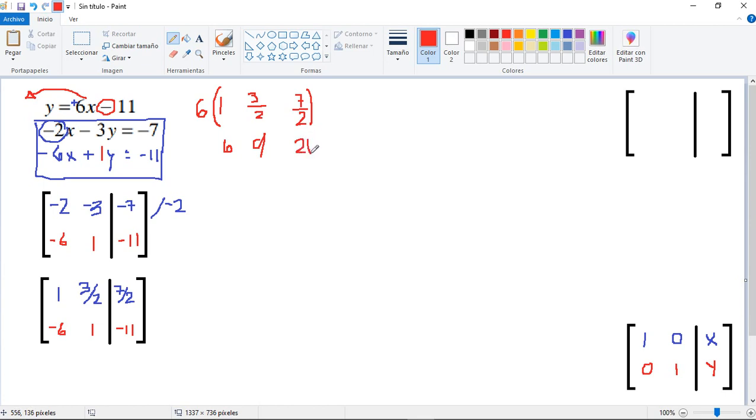Okay? Now, I am going to copy this row. Pay attention to what I am doing here. So I copied this row into here. Okay. I multiplied times 6 times the opposite.